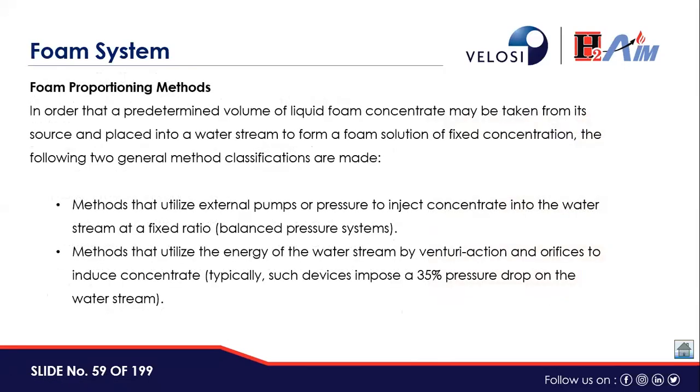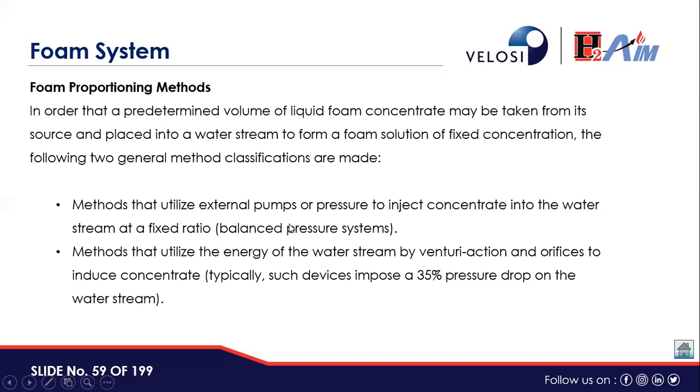Foam proportioning methods, like how the foam is made, are such that a predetermined volume of liquid foam concentrate is taken from its source and placed into a water stream to form a foam solution of a fixed concentration. The following two general methods or classifications are used.